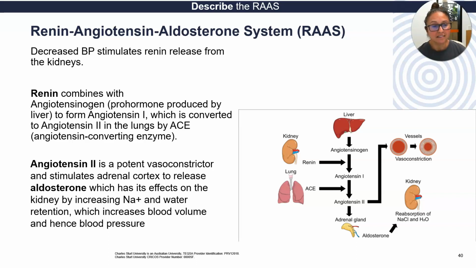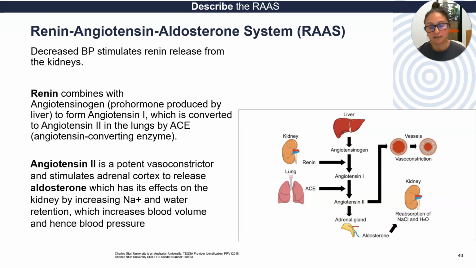What renin does is cause this molecule, angiotensinogen, that is made by the liver and is also floating around in your blood, to become angiotensin 1. Okay, so now we have angiotensin 1 floating around in our bloodstream.